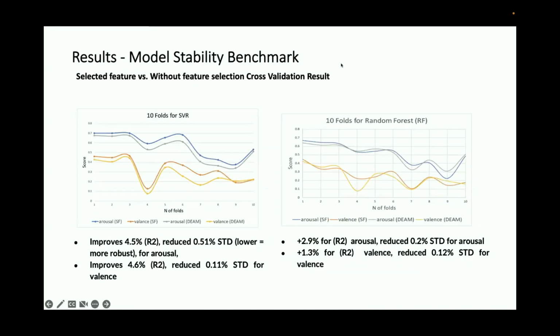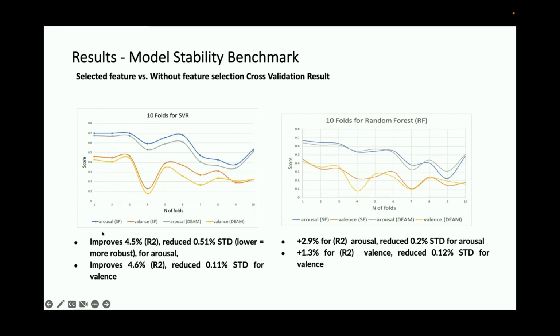So we also do the model statistics benchmarks. We applied the 10-fold cross-validation for these two models, and we also found that reducing feature dimensionality improves the statistics of the model.